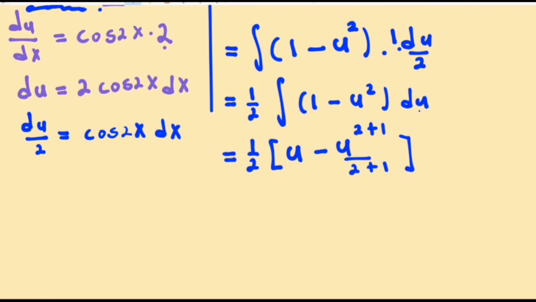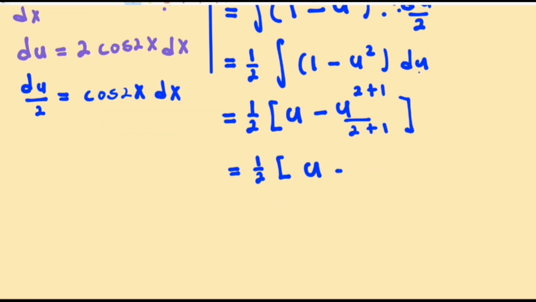We can omit the c for now, and we have the half into u minus u raised to the power 2 plus 1, which is equal to 3, divided by 3.